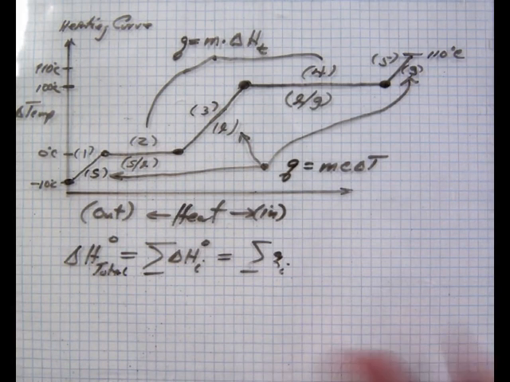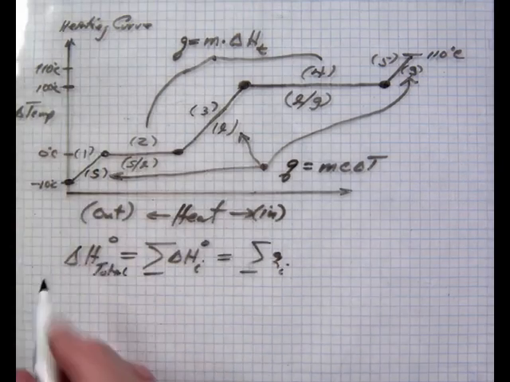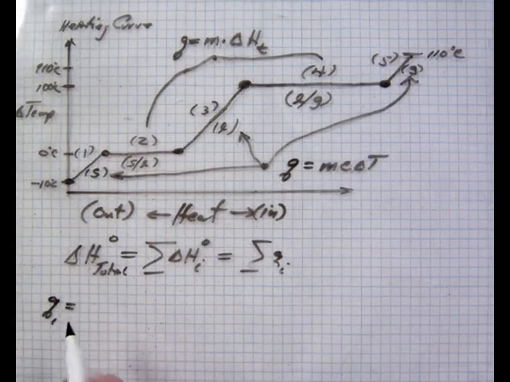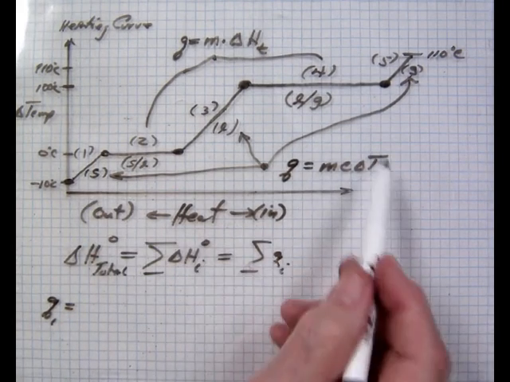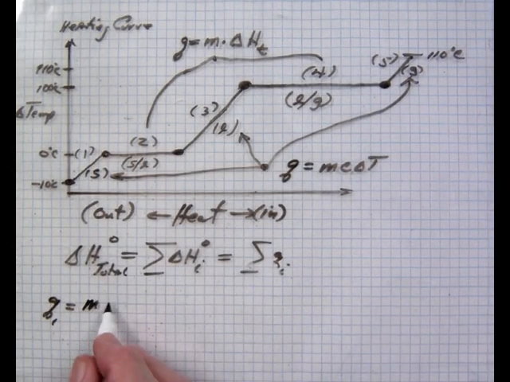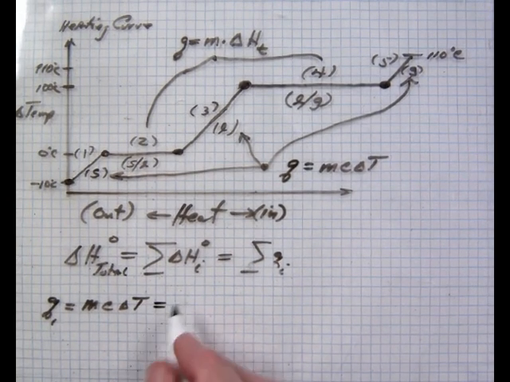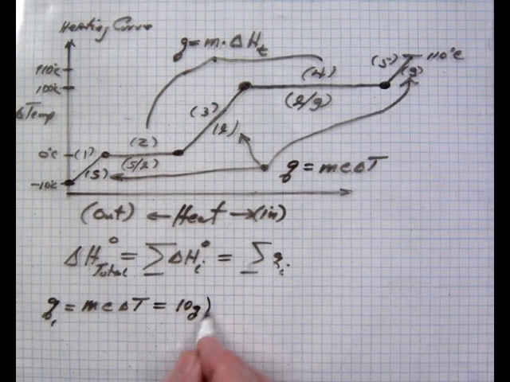And then at the end, we add up all of the numbers. So let's start here with number 1. Energy change number 1. Okay, it's a temperature change, so I'll use the MC delta T equation, and from the data, we have 10 grams of ice.